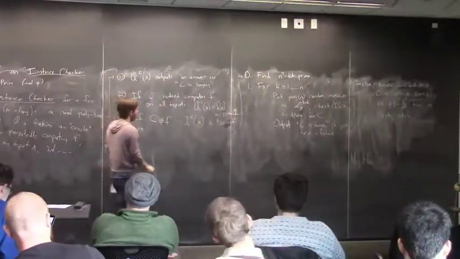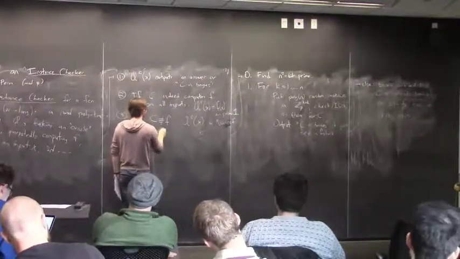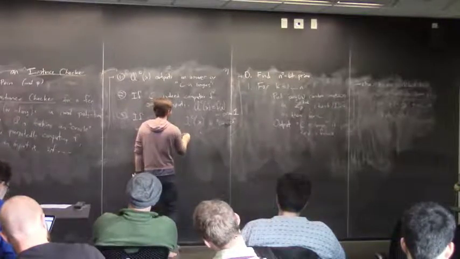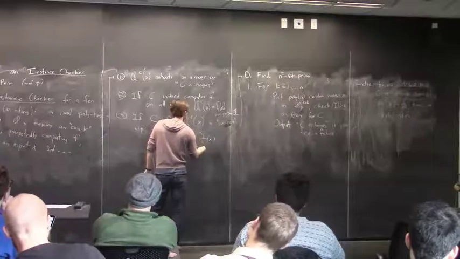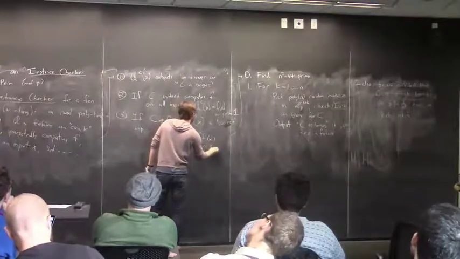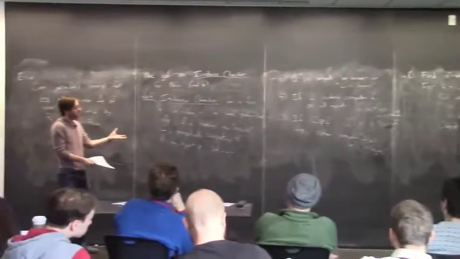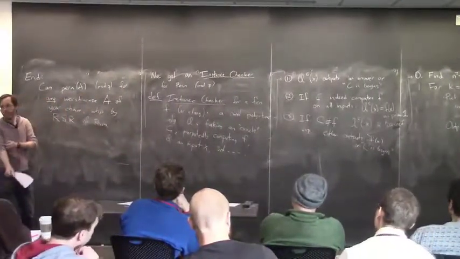And what does correct mean? Correct means either it outputs the correct answer, or it outputs C is bogus, which is correct in case 3. So either it comes to the right answer, or it detects a bug in the program C.